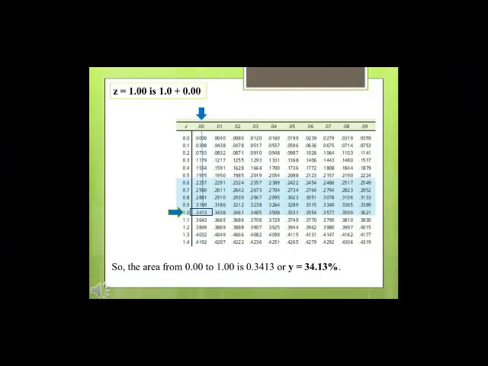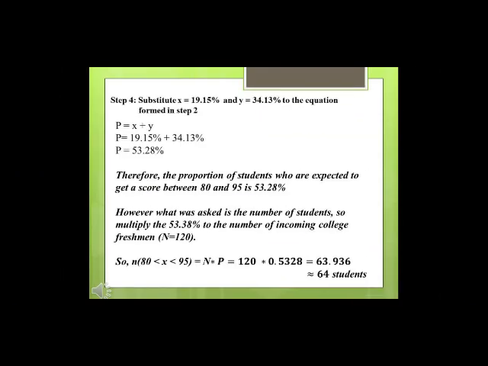Now let's find the area from 0 to 1.00. As shown, the area is 0.3413, or 34.13%. So, Y is equal to 34.13%.